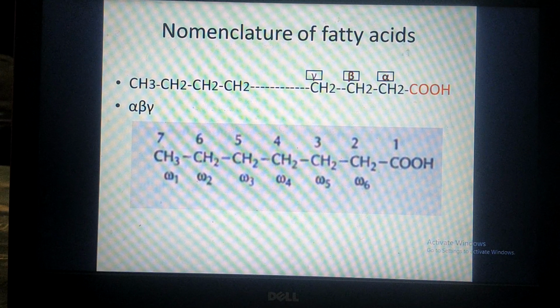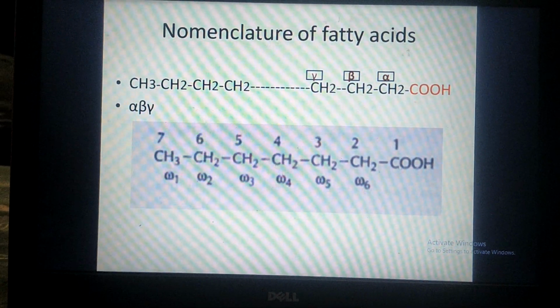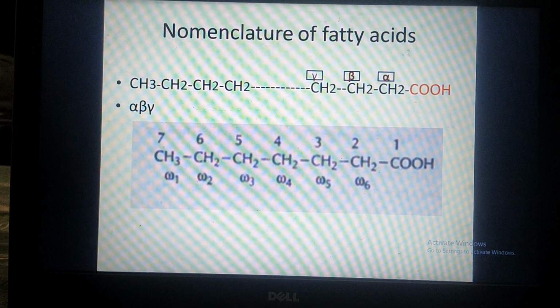Here alpha carbon is that carbon which is adjacent to the carboxylic acid group. Second way of naming the carbon atoms of the fatty acids is by giving numbers to the carbon atoms as 1, 2, 3, 4, 5, etc. Here the number 1 carbon atom belongs to the carboxylic acid group.